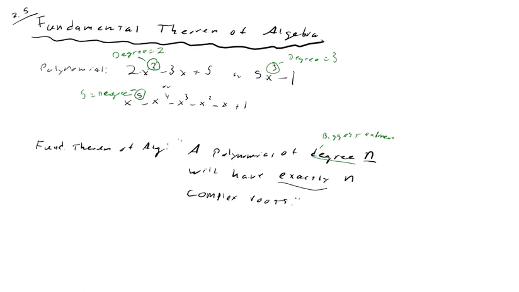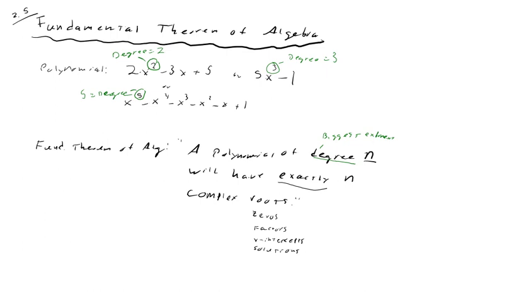Now, when we say roots, I told you there's a lot of words that roots have. We can call them zeros. We also call them factors. And we also call them x-intercepts. We also call them solutions.